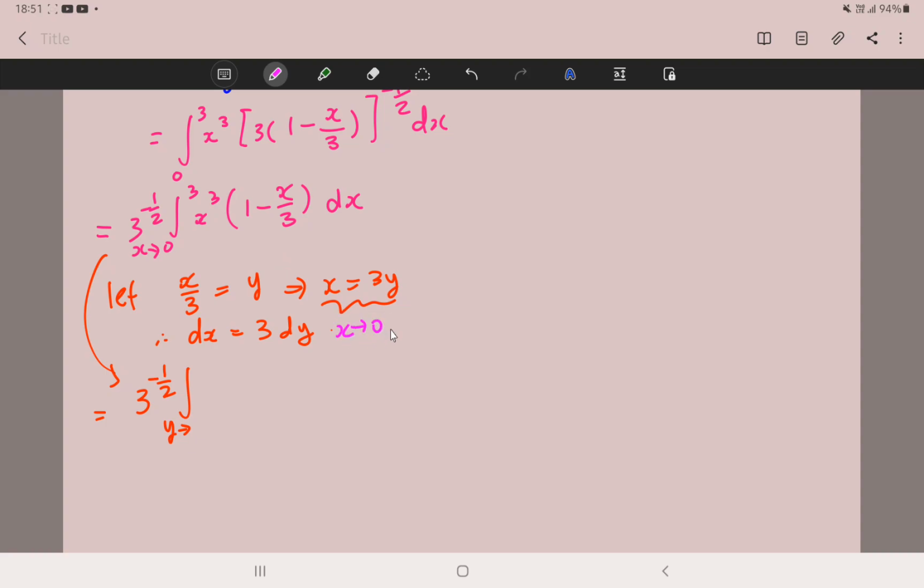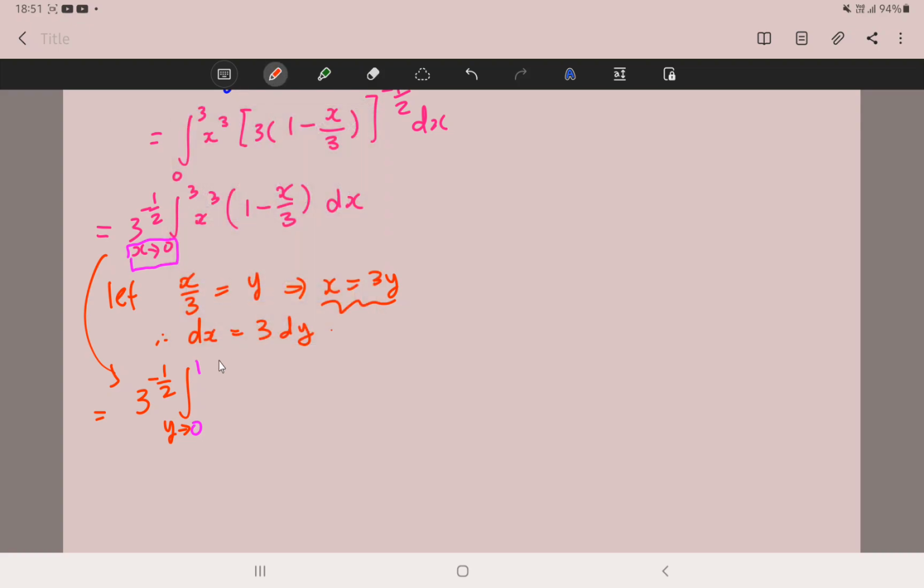When x approaches 0, y approaches 0, because y equals 0 divided by 3, which is 0. When x approaches 3, y approaches 1, because y is 3 divided by 3, which is 1. So the new limit is from 0 to 1.